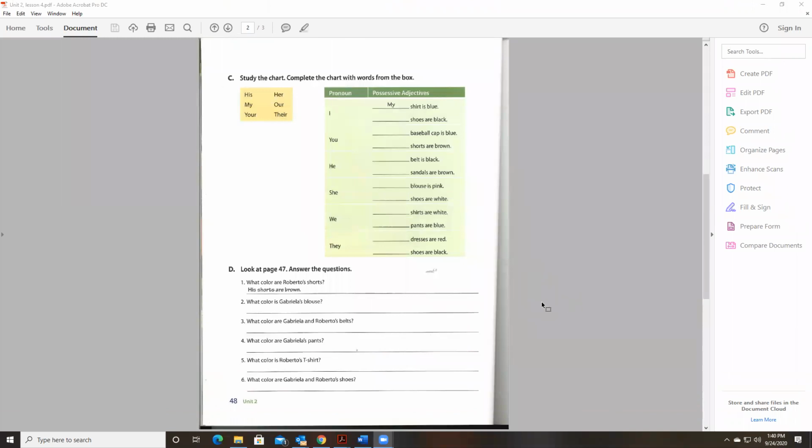Okay. See, it says study the chart with words from the box. Okay. Here are our possessive adjectives. Okay, so I'm gonna draw a quick box over here. Okay, let's say we have our pronouns, right?